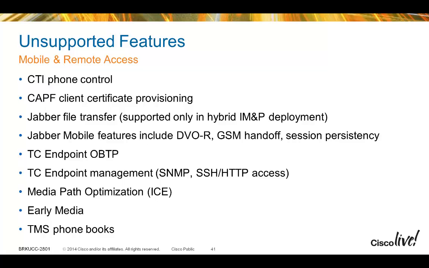ICE, we talked about how that's coming. Media path optimization, not here yet. Early media, another one that's kind of painful today, but it will be here soon. And then we have a new TMS phone book option. I think it's Communications Manager 10.5, where Communications Manager endpoints can source TMS phone books, but that's limited to on-prem deployments or connected through a VPN, not yet through MRA.